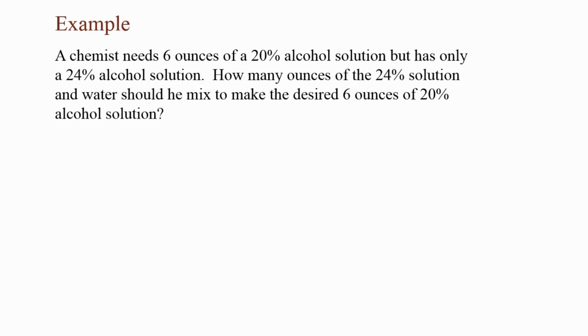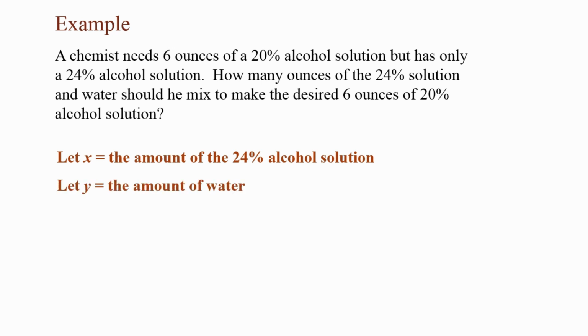In this example, a chemist needs 6 ounces of a 20% alcohol solution but has only 24% alcohol solution. How many ounces of the 24% solution and water should be mixed to make the desired 6 ounces of a 20% alcohol solution? Let x be the amount of the 24% alcohol solution. Let y equal the amount of water. So that means x plus y will equal 6 ounces.